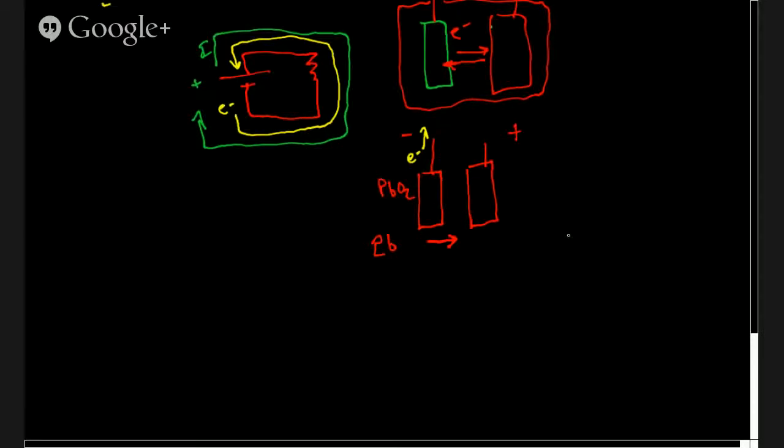We can look at an arbitrary circuit. Let's draw something a little more complex. Inductor there, and the transistor, and that'll go back there.